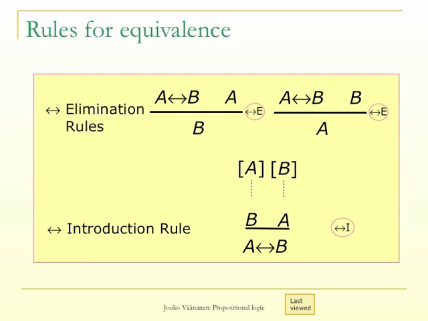The equivalence introduction rule says if we have a derivation of B from A and a derivation of A from B, then we can derive A if and only if B, and at the same time eliminate the temporary assumptions A and B. What is behind the rules of the equivalence connective?